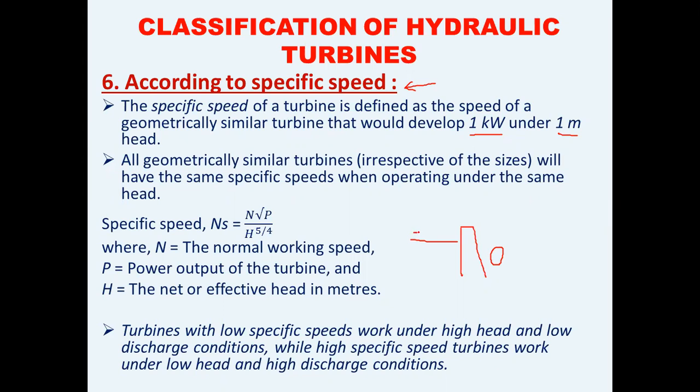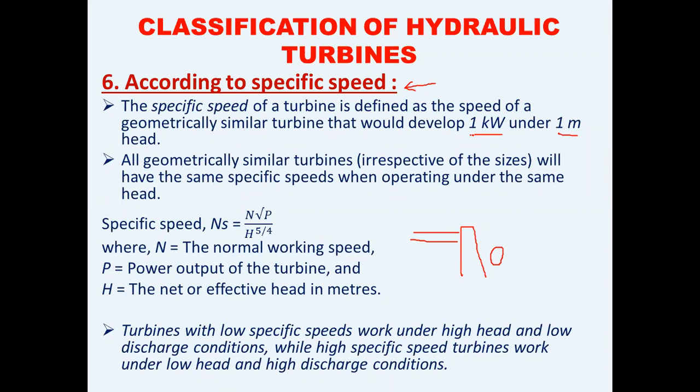Now, if that height increases, that means if the head increases, if it is 2 meter, that means that turbine is going to produce 2 kilowatt power. If the head is increased to 3 meter, the power produced will be 3 kilowatt. If the head is 100 meters, the power produced will be 100 kilowatts, for a particular turbine.